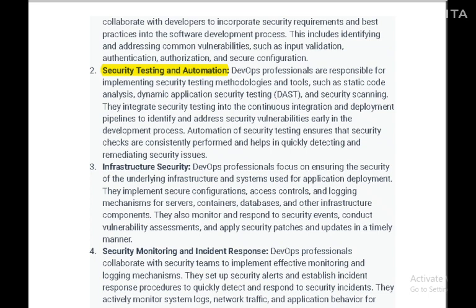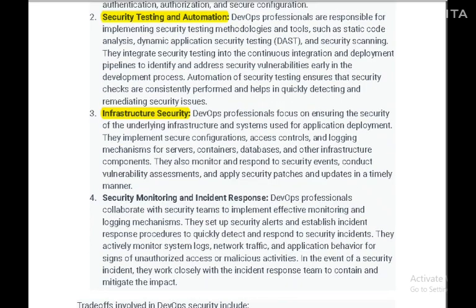For this purpose, DevOps professionals are responsible for implementing security testing methodologies and tools such as static code analysis and dynamic application security testing. The third role of the professional is infrastructure security, to maintain the security of the underlying infrastructure and systems used for application development.